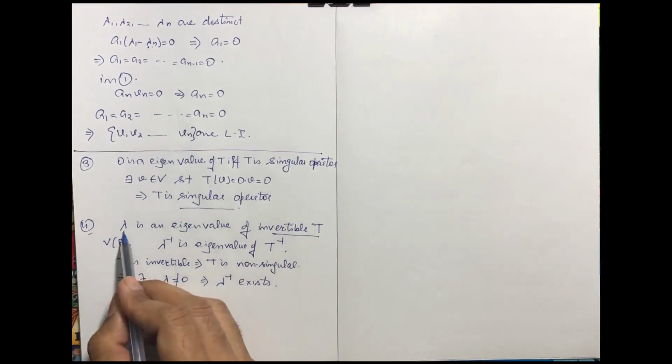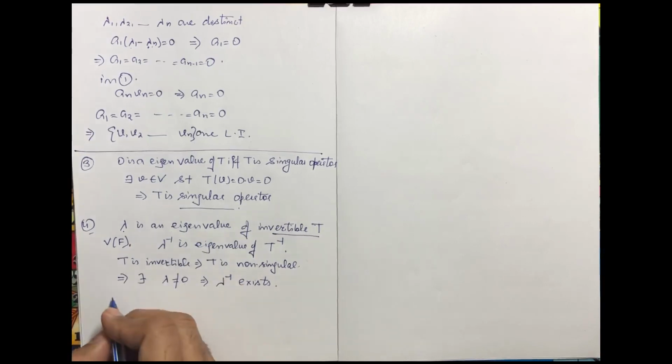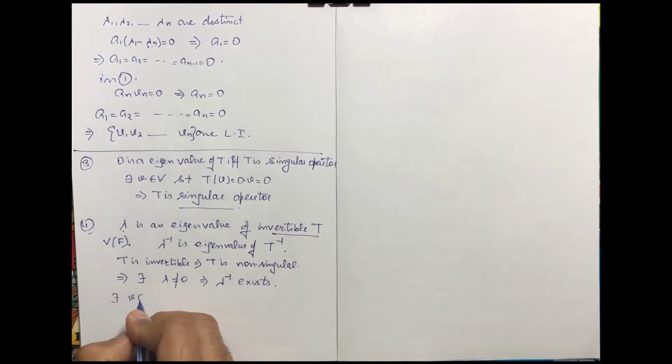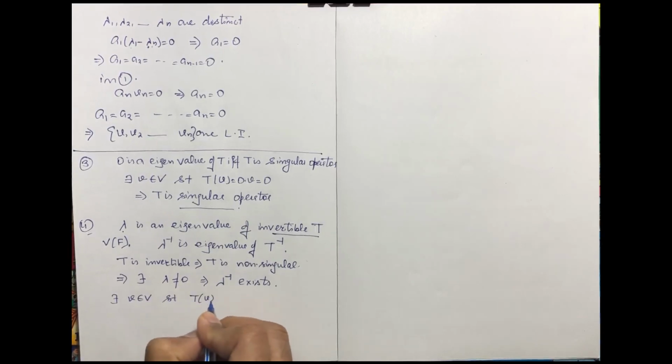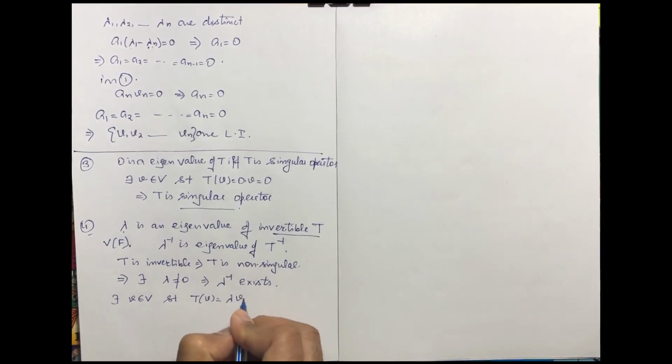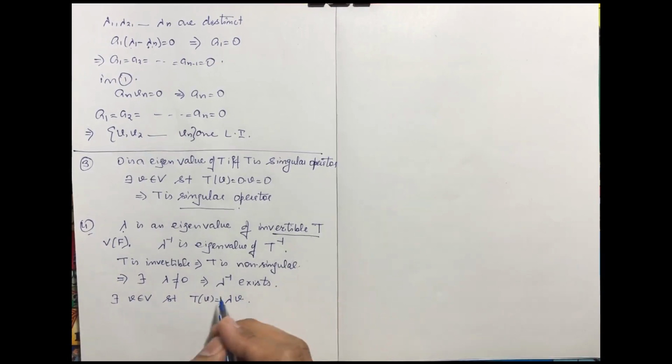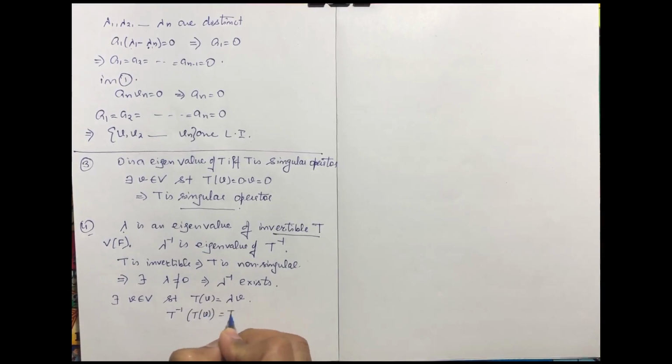Now as lambda is an eigenvalue, there must exist an eigenvector v belonging to V such that T(v) = lambda v. As T is invertible, T inverse also exists. So operating T inverse on both sides, T inverse of T(v) = T inverse of lambda v.